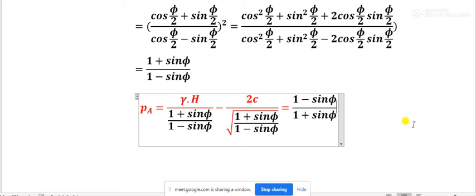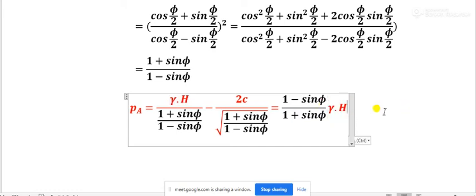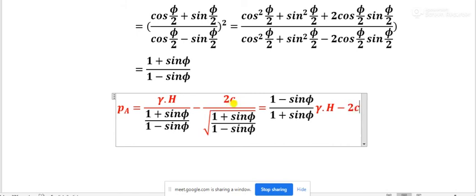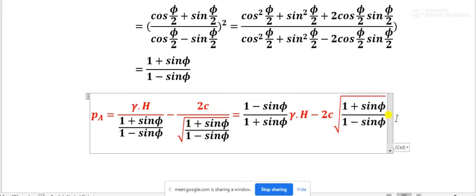This multiplied by gamma h minus of 2c multiplied by root over of this one.